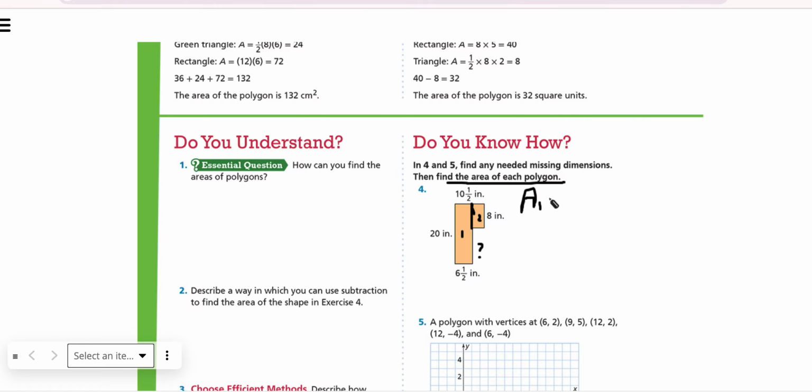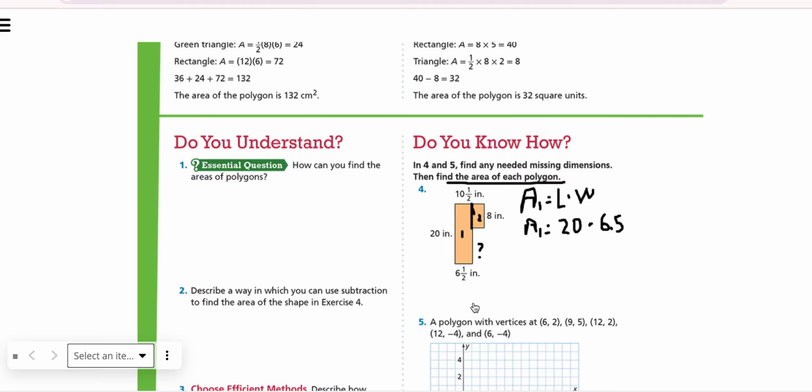So area number 1 is equal to length times width. So area number 1 is equal to, the length will be 20 and the width will be 6.5, and you can change 6 and a half to a decimal by doing 1 divided by 2. 1 divided by 2 gives you 0.5, so 6 and a half is 6.5.